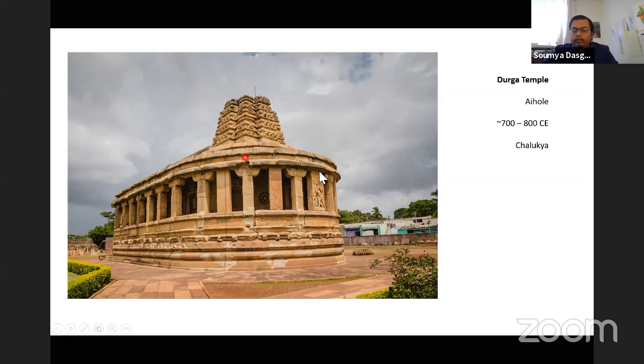Now, I have a quick, short question. I don't expect you to answer it right away, but let's identify the plan form by looking at the picture of this. I will just wait a second, but I guess most of you can identify it. It is the apsidal plan form, which is rare, but not as rare as the circular one.